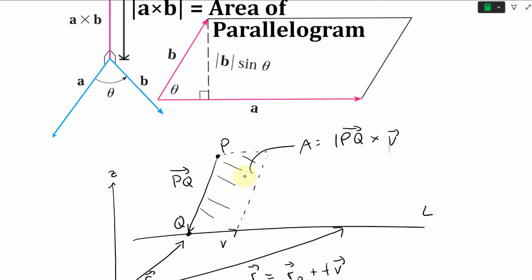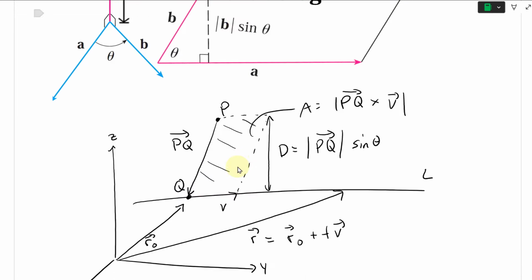We could draw it from here all the way down, or just from here to here. So that's our distance D, which is the length of PQ times sine theta. And the area is equal to this as per the equation in my earlier videos.